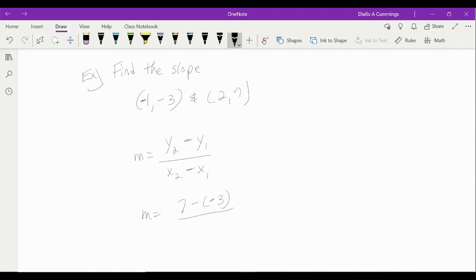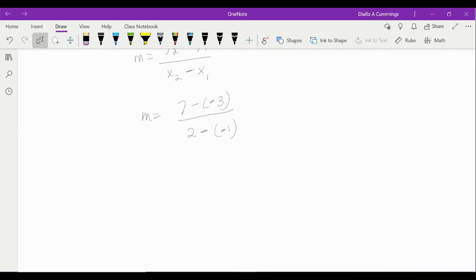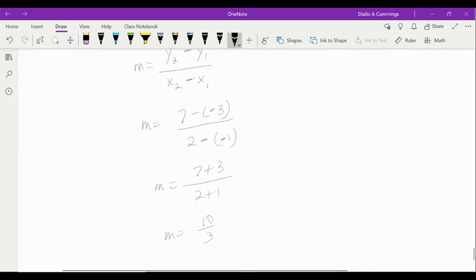Over x sub 2, which is 2, minus x sub 1, which is -1. So if we simplify, the double negatives make it positive. So we have 7 plus 3 over 2 plus 1, which gives us a slope of 10/3.